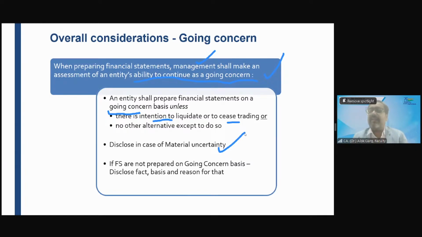Disclosure in case of material uncertainty. Friends, while the company is continuing as a going concern, there is a material uncertainty. For example, a court case was going on, and the company's future depends on the outcome of the court case.